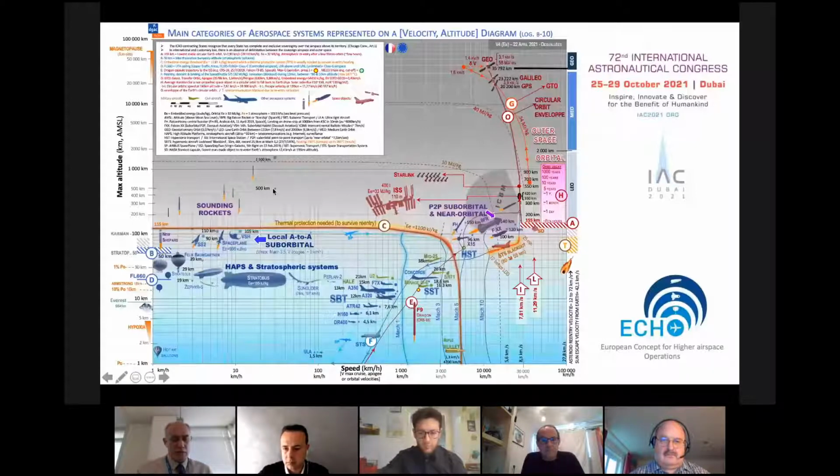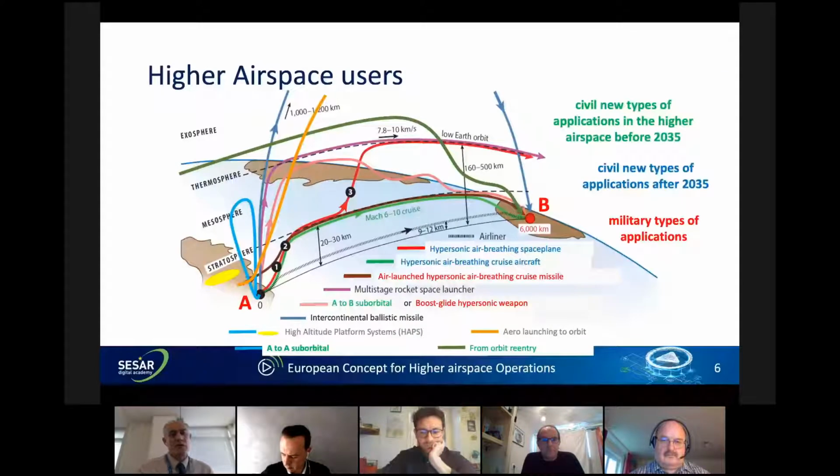But we'll have to manage in this area the vehicles which are coming from Earth, from the ground, the vehicles which are sometimes for weeks or months in the stratosphere, and some vehicles which are coming back from space, all this in the same situation.